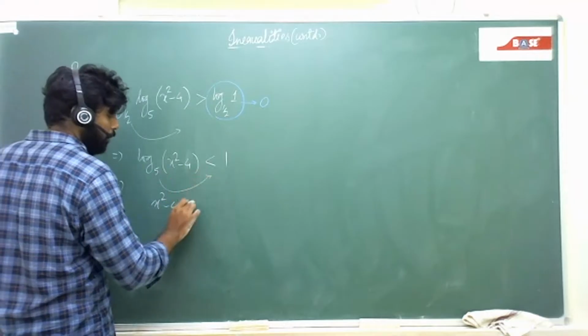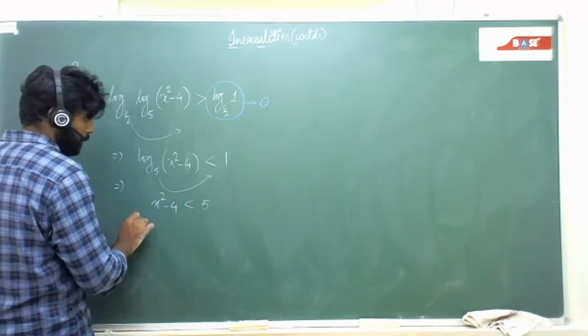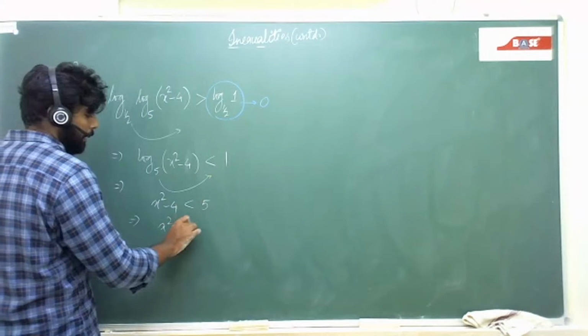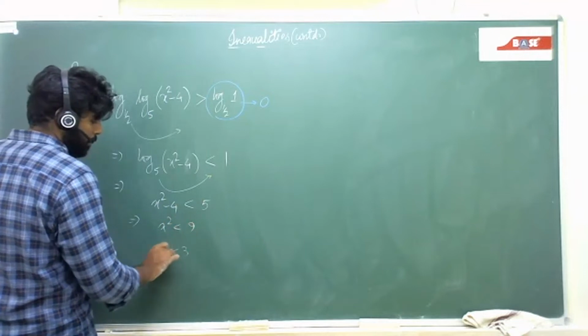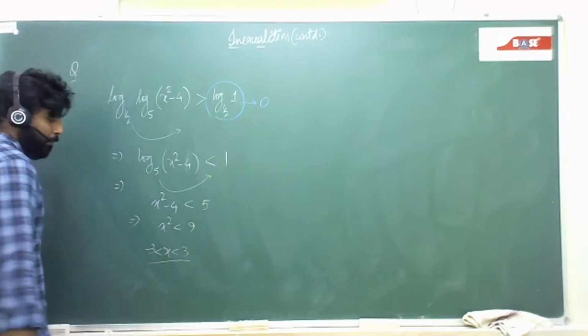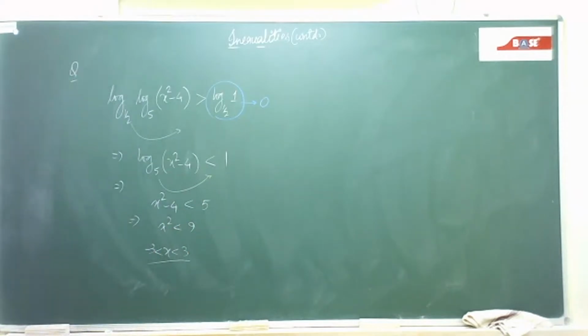So the inequality sign will not change. 5 to the power 1 is 5. So x square is less than 9. So x is between minus 3 and 3. That's not the end of the story again.